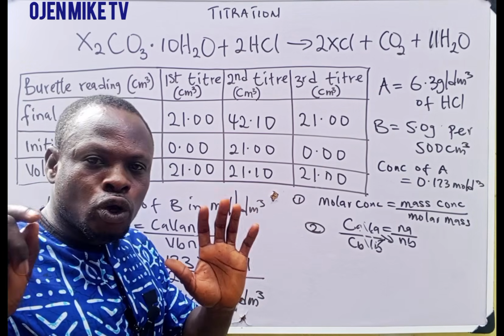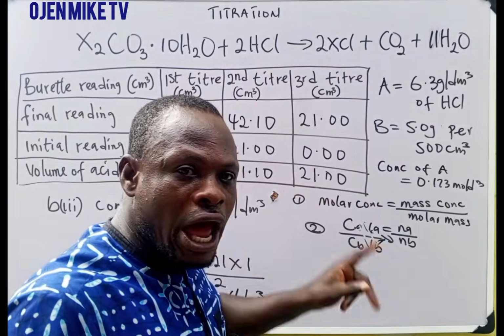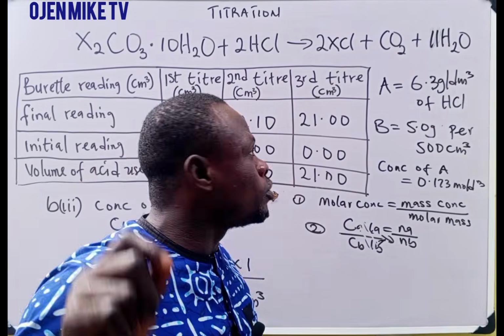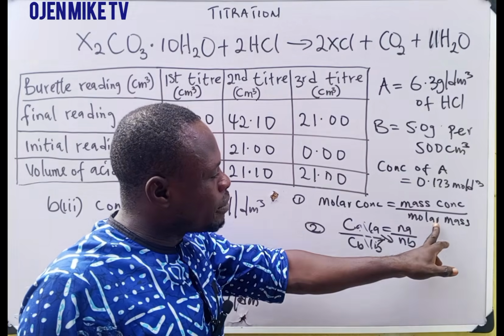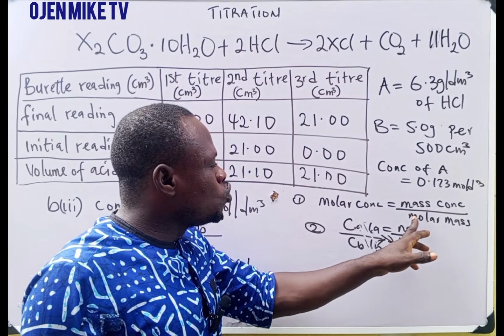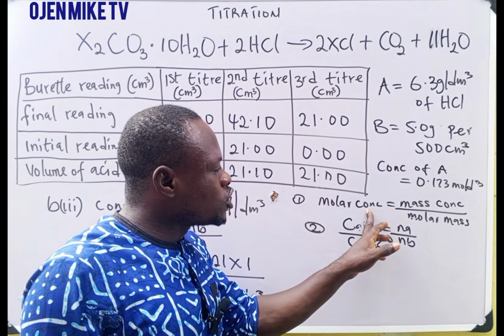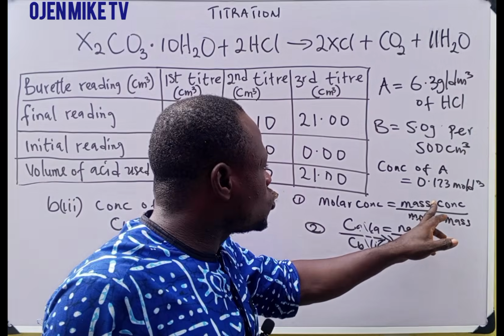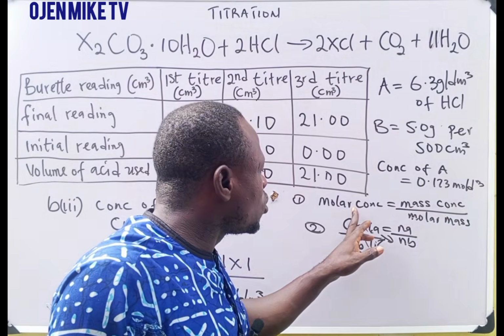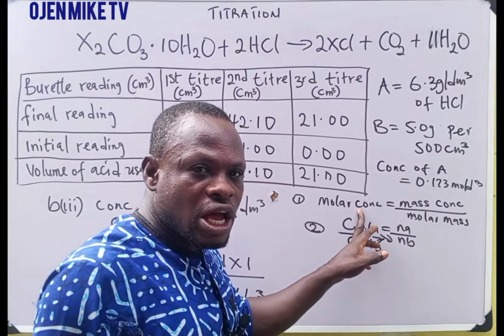Now the last question we are going to look at is the molar mass, because the fourth one says calculate the molar mass of this one. Are you following? So to get the molar mass, you replace this formula. You can see that this formula plays a lot of role. So you say mass concentration over molar concentration. Are you following?